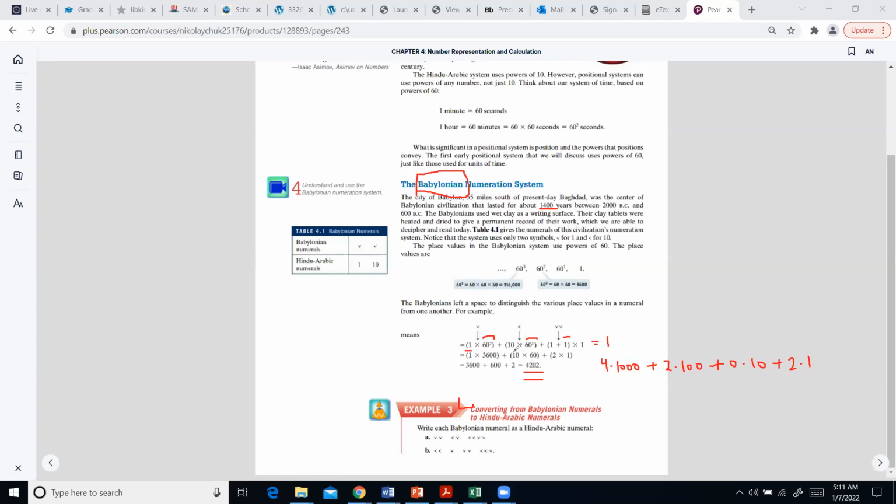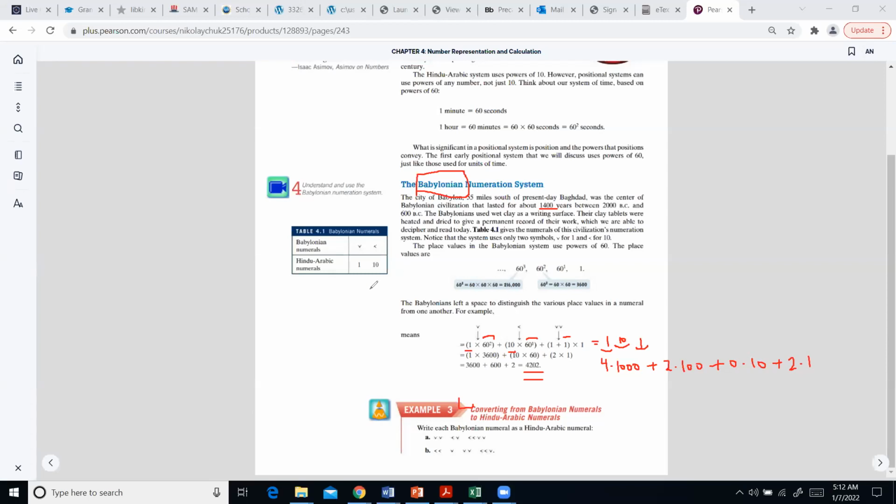Then they had 10 of 60 to the power of 1, so somehow they have to have the symbol for 10. So that's our first digit. Then here's the second digit, which is 10. The next digit is going to be 60 to the power of 0, which is 1. So they put 1, then 10, and then 1, which is quite unusual, one can say, right?